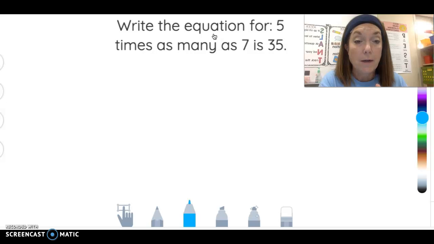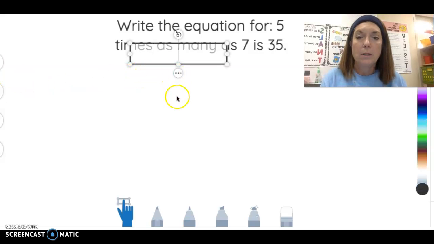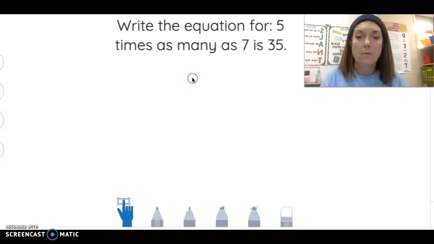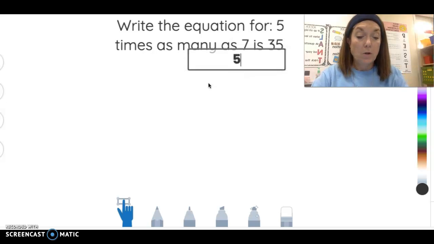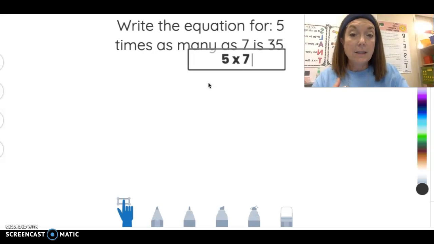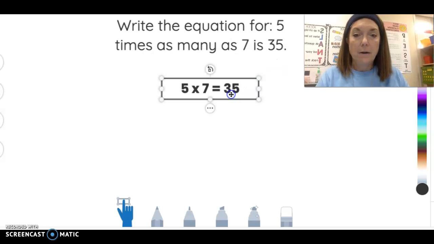Go to your Avid binder because we wrote this down, but I'll help you with this first one. I'm writing the equation, not the words. 5 times as many as 7 is, this time I get to make the equals, 35.